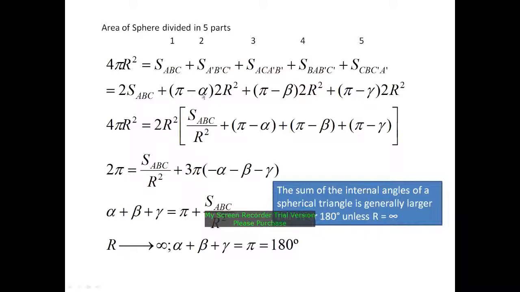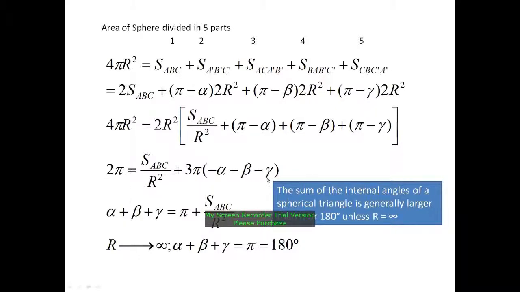And then these are the 5 regions for any triangle ABC. And that can be expressed in terms of the internal angles, because the angles of those biangular regions are pi minus alpha, pi minus beta, pi minus gamma, all times 2r squared to get the area of those biangular regions. And then this is 2 times ABC because the surface area of ABC and the surface area A prime, B prime, C prime are the same. Then you can just solve this for alpha, beta, and gamma, the 3 internal angles of the triangle.